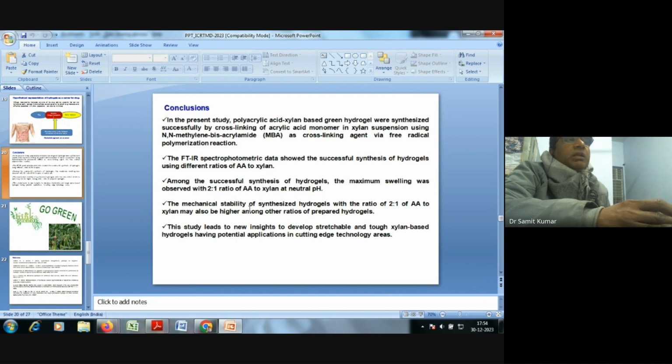The mechanical stability of the hydrogels with the 2:1 ratio may also be higher than the other ratios. This study leads to new insight to develop stretchable and tough Jalan-based hydrogels having potential applications in cutting-edge technology areas.